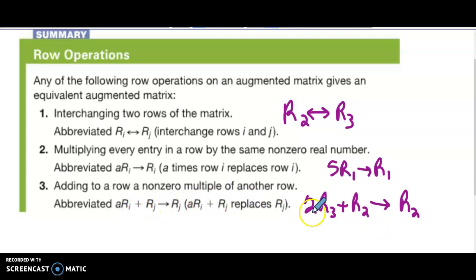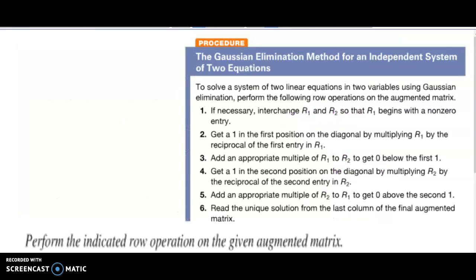That's what this means. If I would see this notation, I know I took 2 times row 3, added each entry of that to row 2, and that's how I got my new row 2. This last letter is the new row of the new matrix. All right, let's try some row operations.